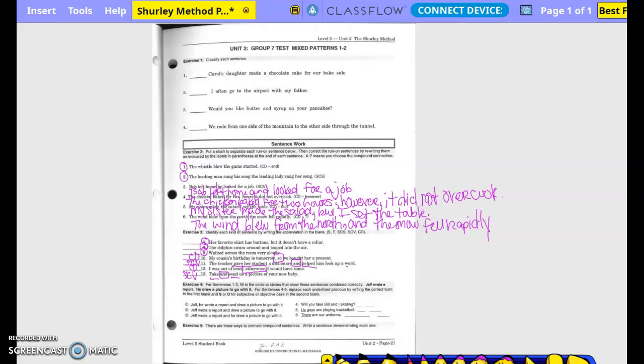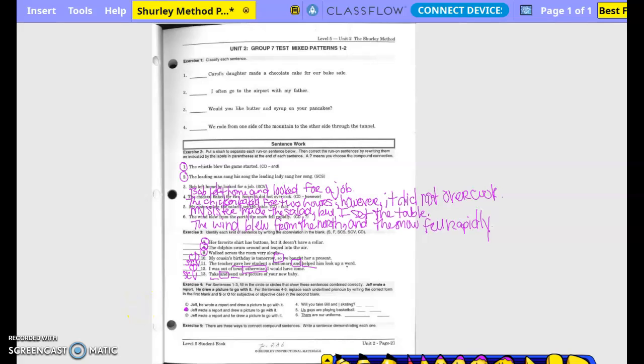For sentences 1 through 3, fill in the circle or circles that show these sentences combined correctly. Jeff wrote a report. He drew a picture to go with it. So which one or ones? Two. Okay. Any other ones? No. Right? Okay.